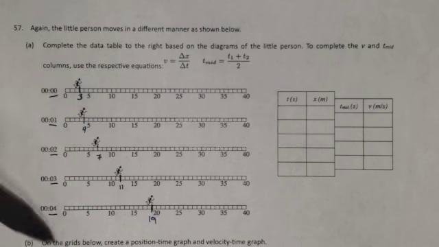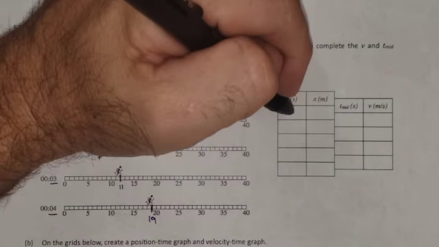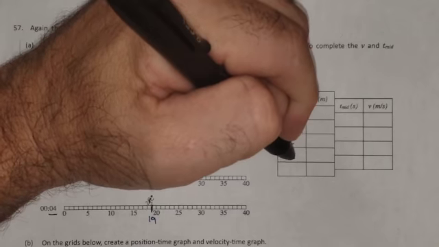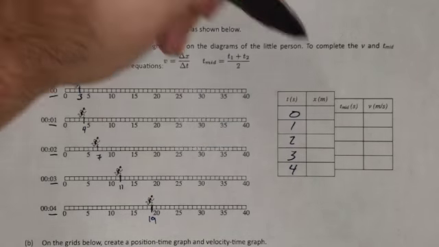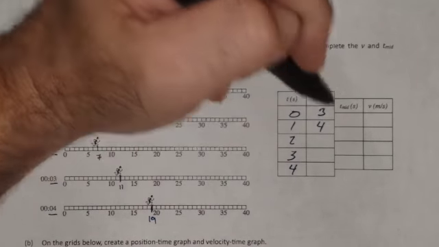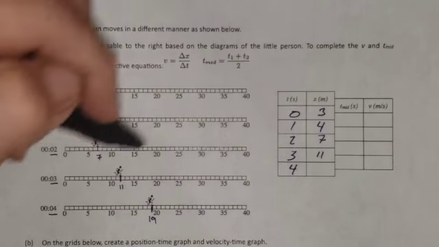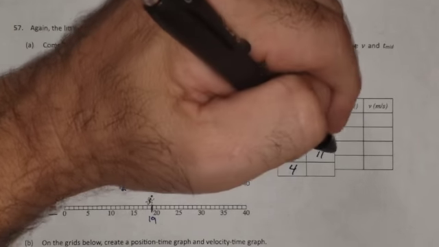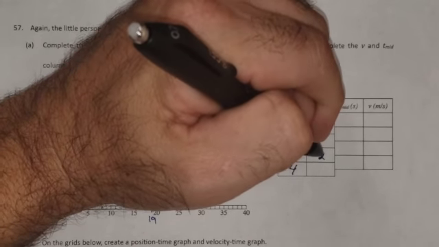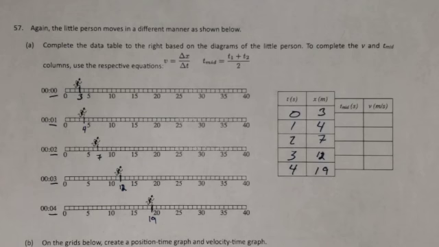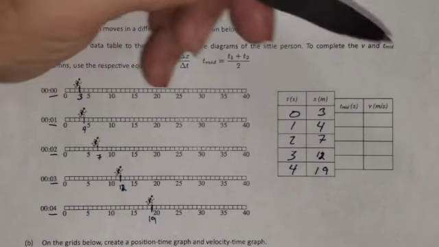So we'll add that information to our table. We've got 0, 1, 2, 3, and 4, and we have 3, 4, 7, 11. Actually, I take that back. That wasn't 11. That was 12. 7, 12, and 19.